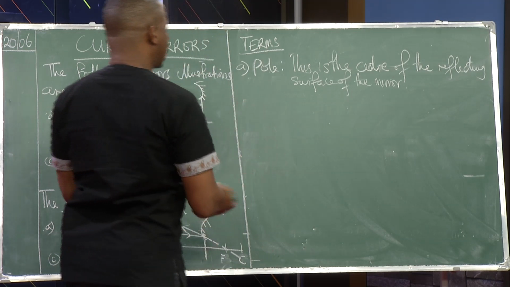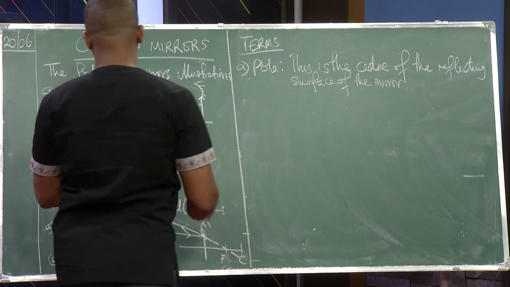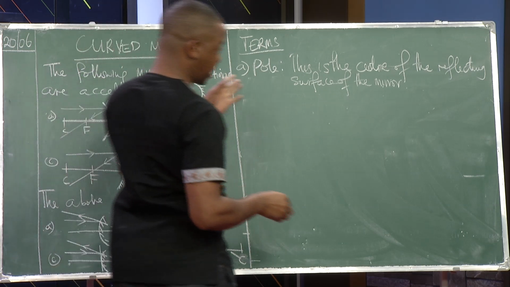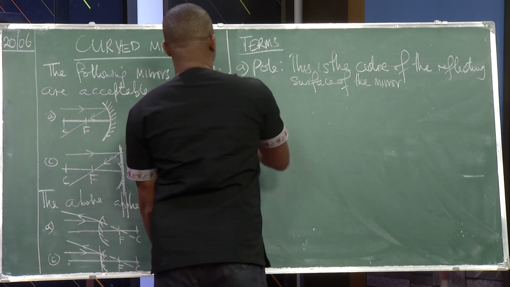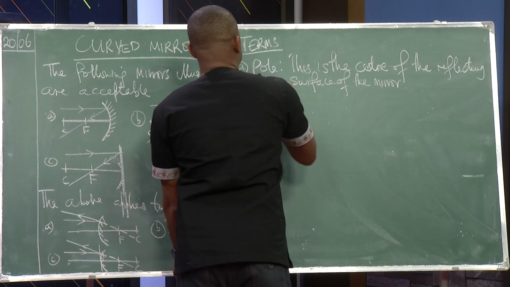A student can alternatively define the pole as the point where the principal axis meets the mirror.